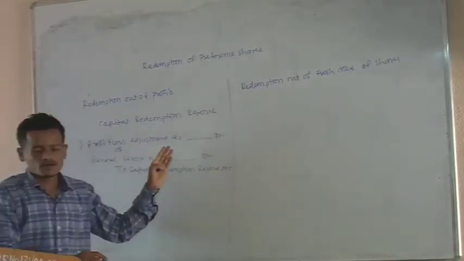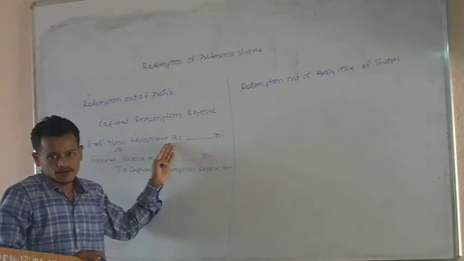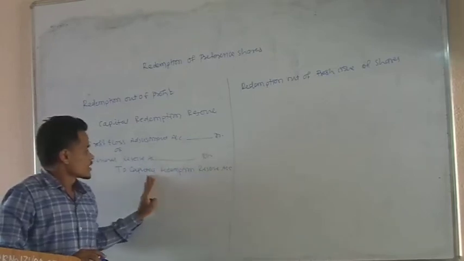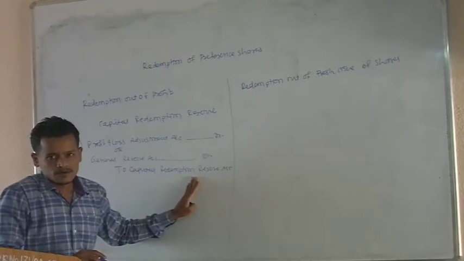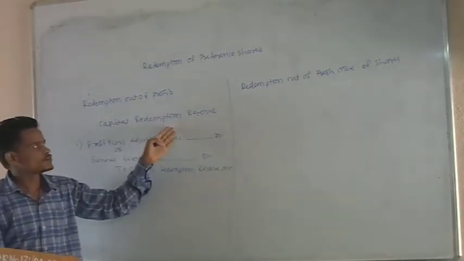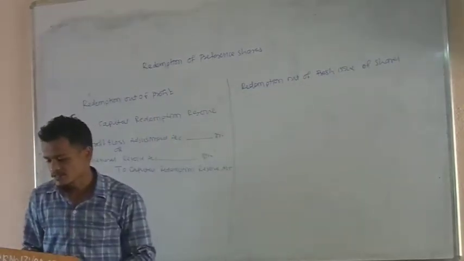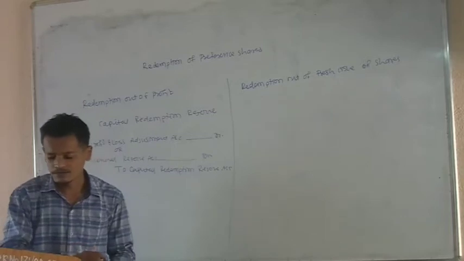Profit and loss adjustment account is debited, which means the amount is deducted from the profit and loss account and transferred to capital redemption reserve, and that is the creation of capital redemption reserve, and this reserve is used to redeem the preference shares. So that is the first entry which is made in the books of account.